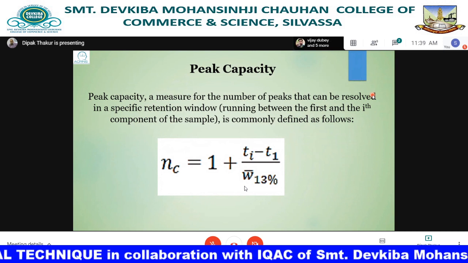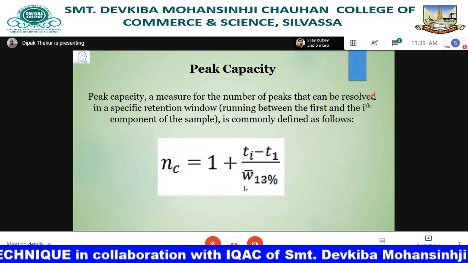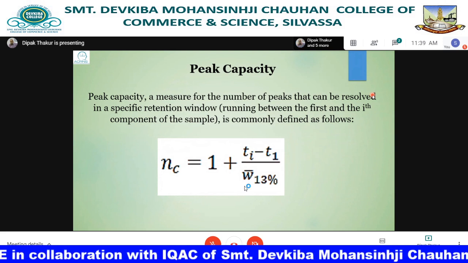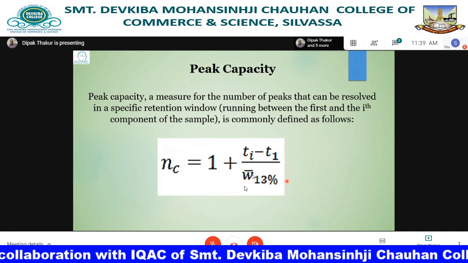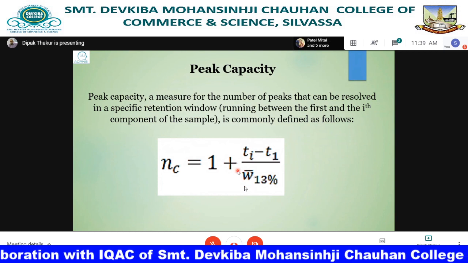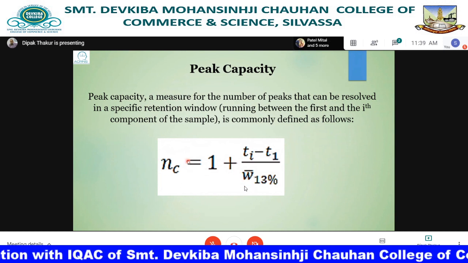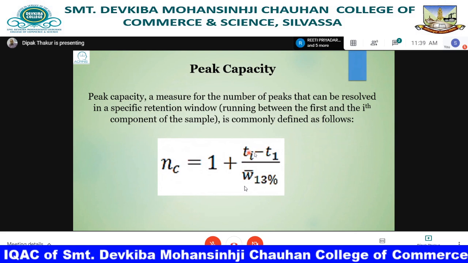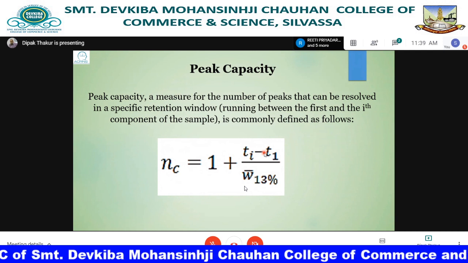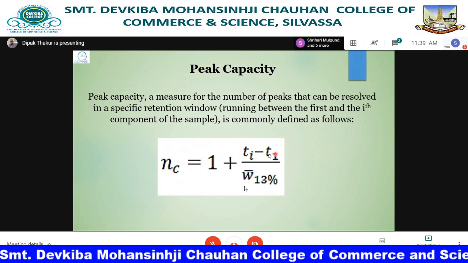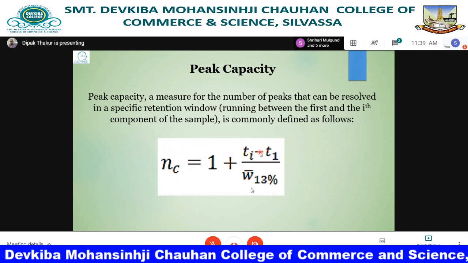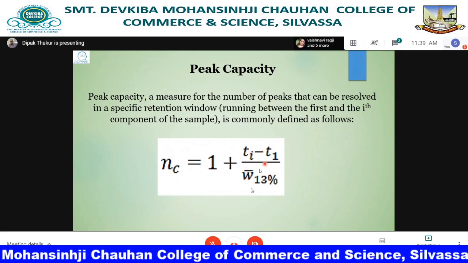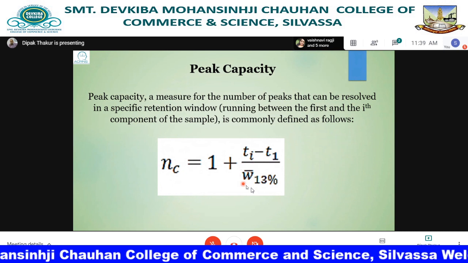And who decides how many peaks are present in this window? The width of the peak. So the formula for peak capacity is the time duration in which the gradient is running, the time duration in which the first peak and the last component of the sample are eluting, divided by the width at 13% height.